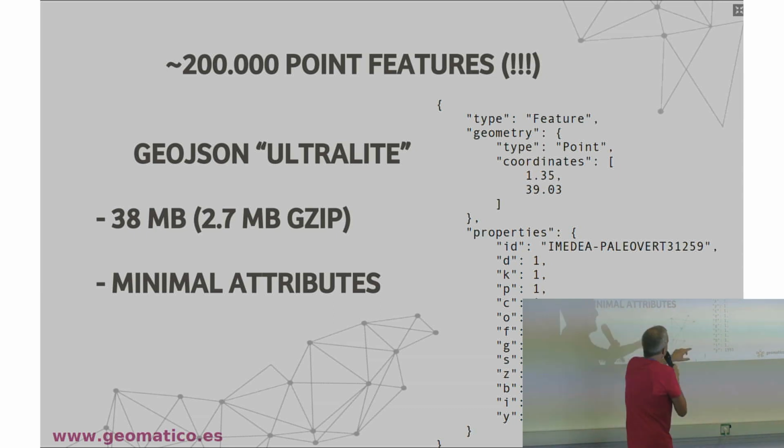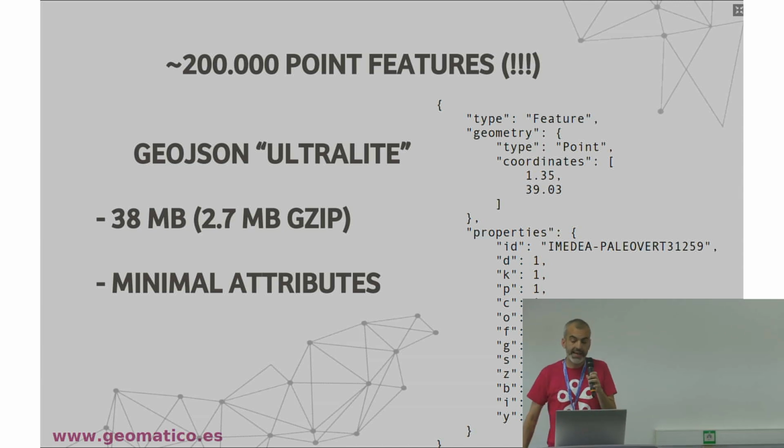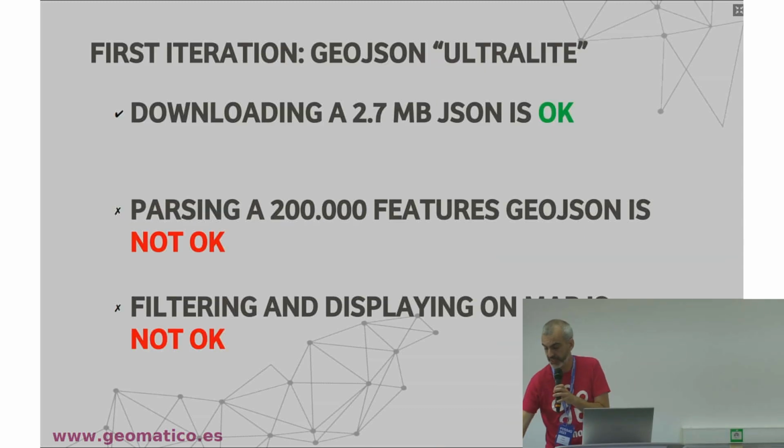And then we used a lot of dictionaries, so that the attributes are integer values and then you go to the dictionary to see if the animal is male, female, a fossil, a non-fossil, whatever. And with that, we had a GeoJSON of less than 3 megabytes gzipped. So it's really easy to download at the beginning.